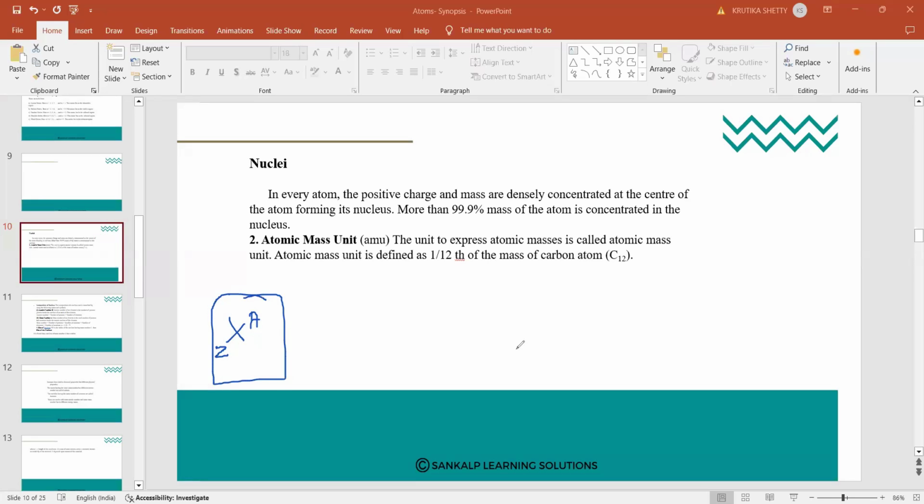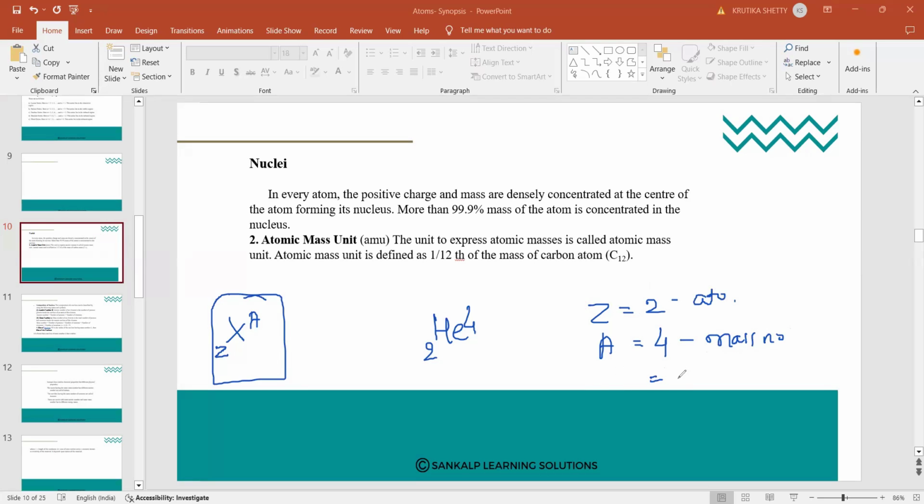For example, if I write helium 2, 4, X is the helium atom here, Z is the atomic number, which is equal to 2, and A is equal to 4. A is the mass number, and Z is the atomic number, which is proton or electron. A is proton plus neutron.